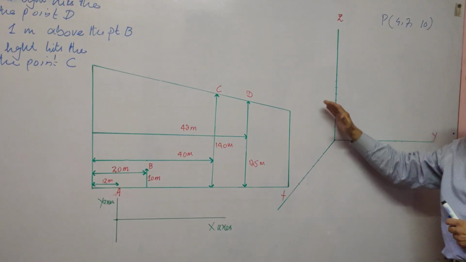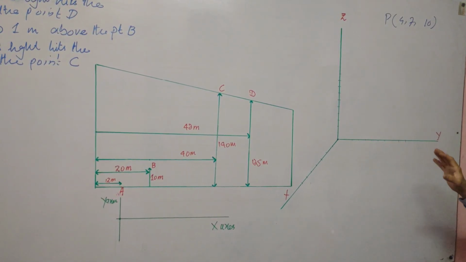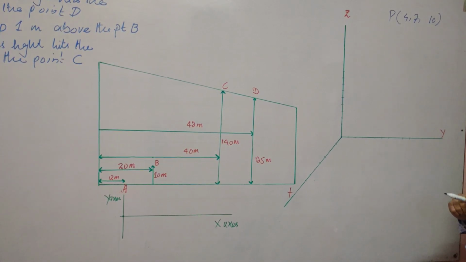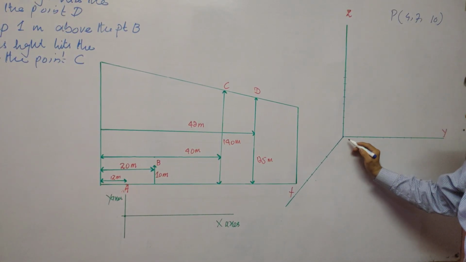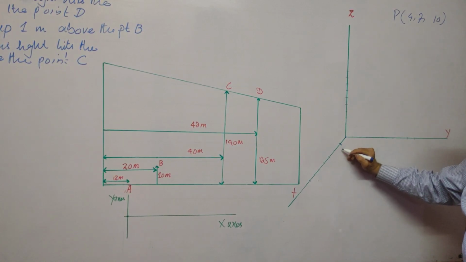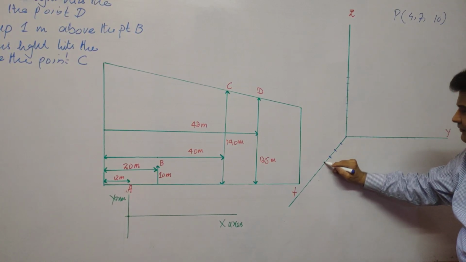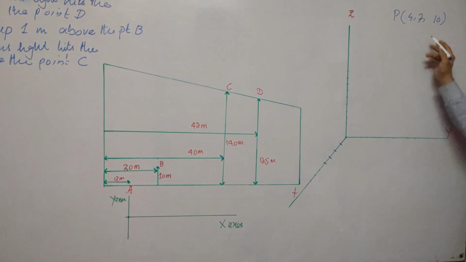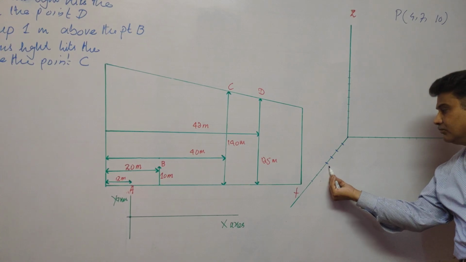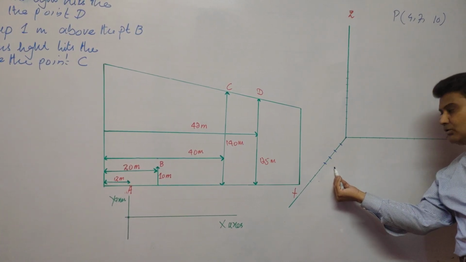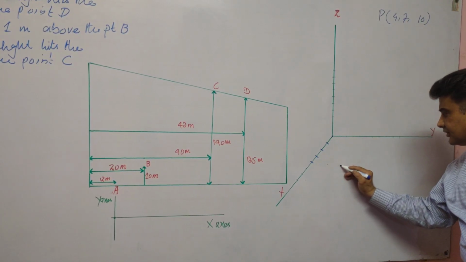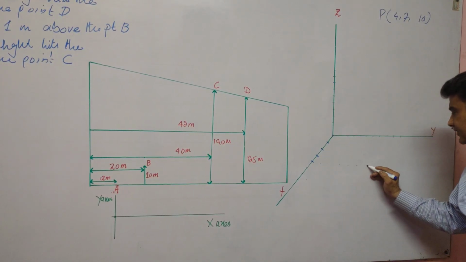The value of x, which is 4, we count along the x-axis: 1, 2, 3 and 4. And the value of y, which is 7, we count 1, 2, 3, 4, 5, 6 and this is 7.